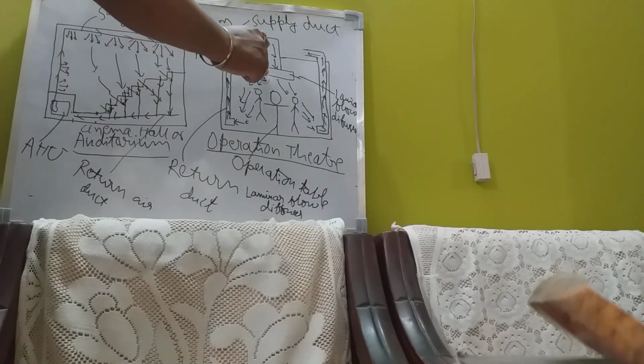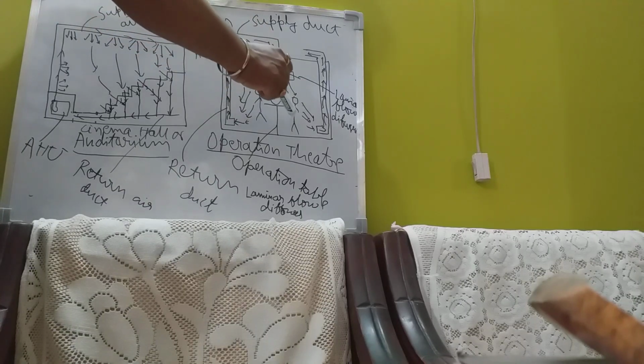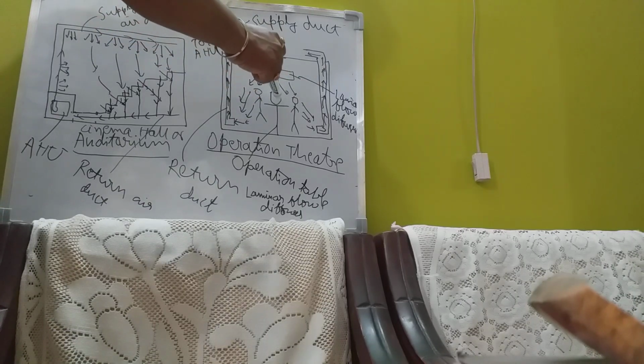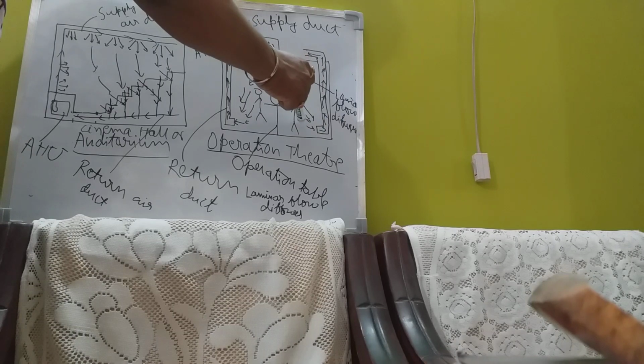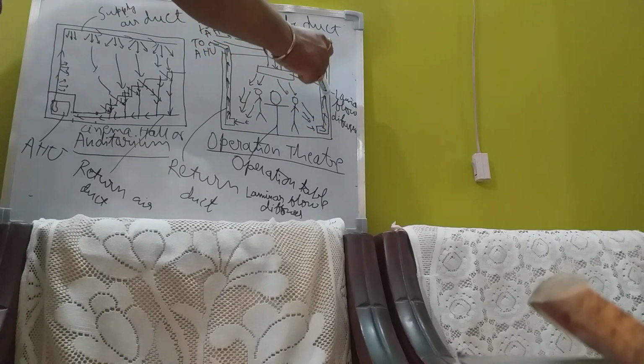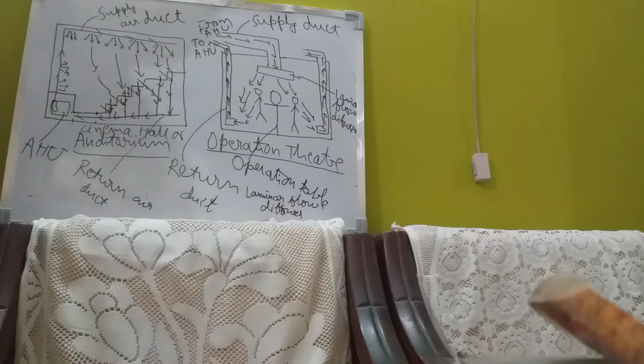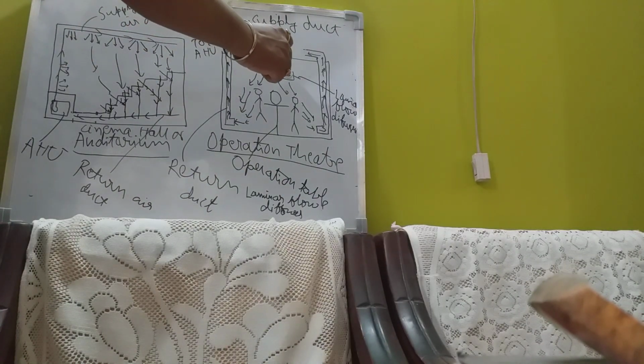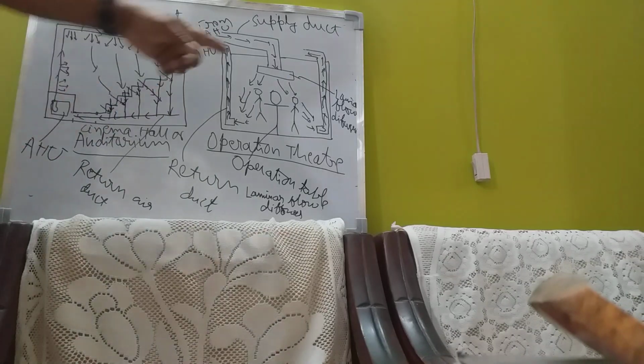In this case, the air is coming like this, doing a sweeping action, it sweeps through the patient, and as it sweeps through the patient, the dust particles go and it comes here and then goes to the return duct and back again. It comes to the laminar flow diffuser here.